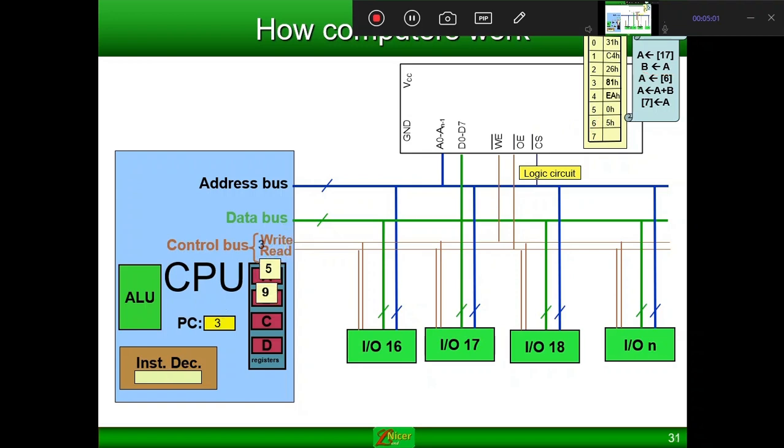Now, when the program counter reaches the third position, 81 is loaded at the instruction decoder. When the program counter reaches the fourth position, it performs the ALU operation A plus B and stores the value at position A, which is 9 plus 5 equals 14, and 14 represents E. So that E is placed at the 8th position.